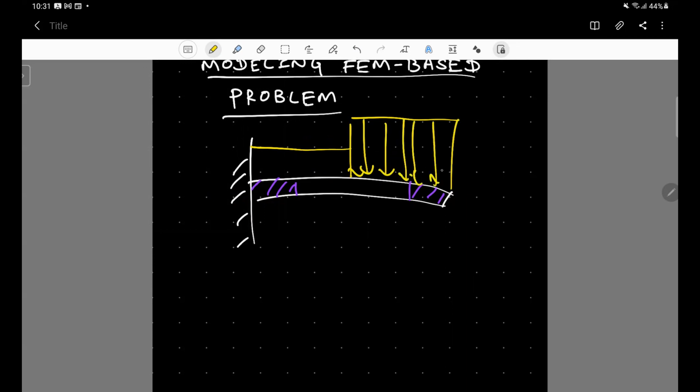So this is subjected to two types of loading with different magnitudes, and this is a bending problem, of course.